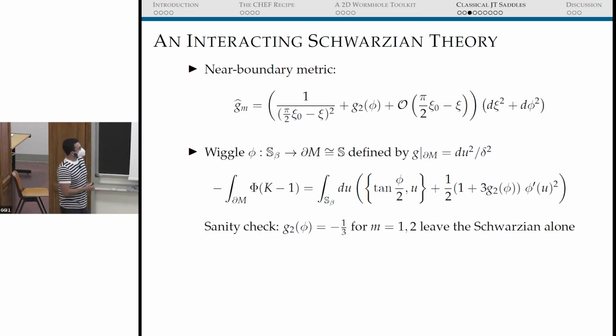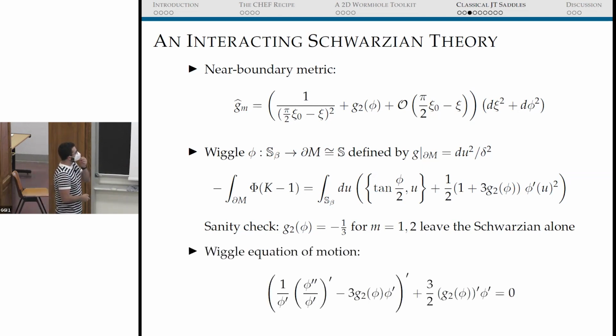Yeah. So it's a rather complicated Schwarzian theory. It might be solvable, but yeah. And so in fact, if you take the equation of motion in this pure JT Schwarzian theory, you get something like this, where you do get some non-trivial dependence on G2.